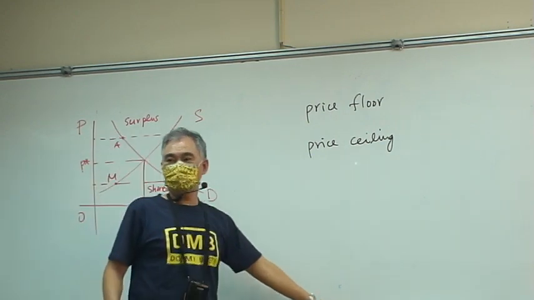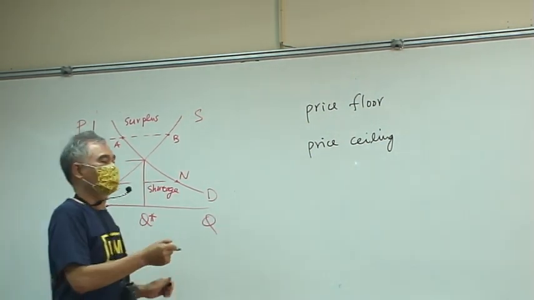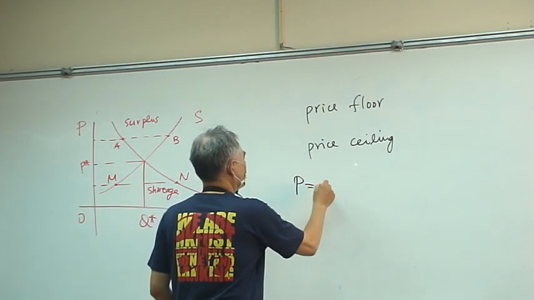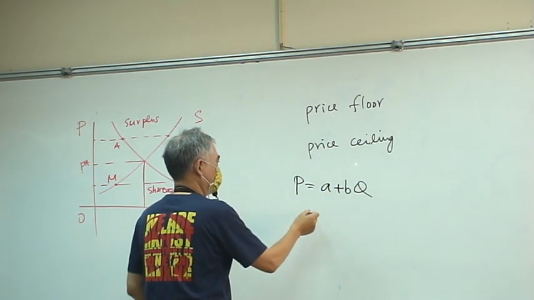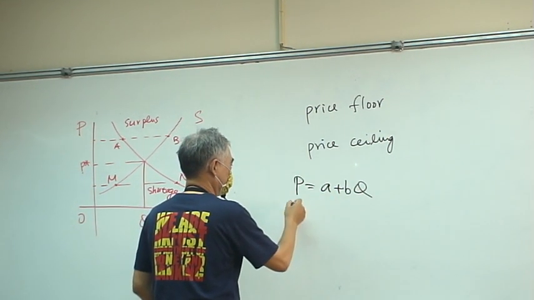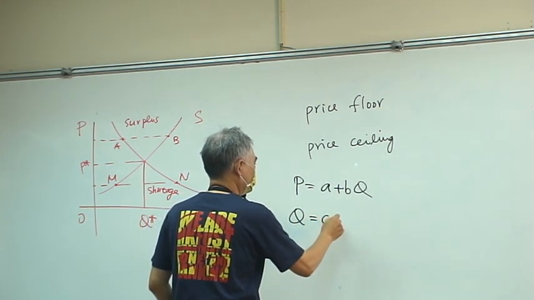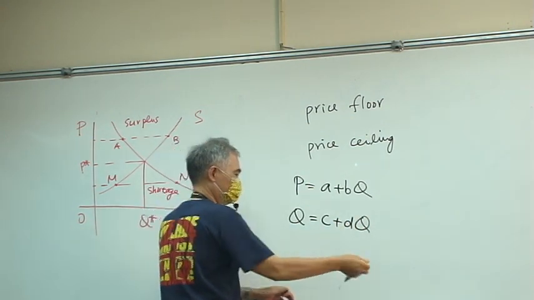So in the textbook, as we have assigned homework, let us say P is equal to A plus BQ, and then what else? Q is equal to C plus BQ, okay?